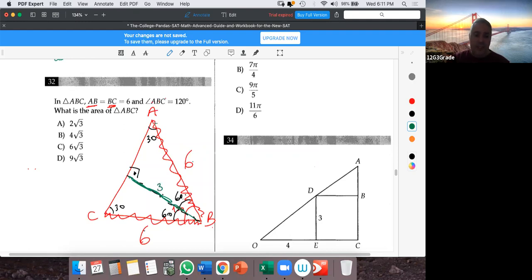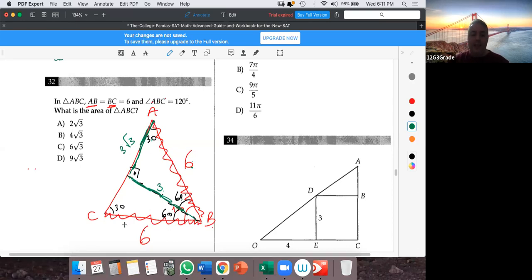And opposite of 60, which is here, not 6 root 3, 3 root 3. This is the case. One more time: opposite of 90 degrees, hypotenuse 6. Opposite of 30, half of the hypotenuse, 3. And opposite of 60 is 3 times root 3. I said before 9 root 3 or something, 6 root 3. So this is 3 root 3.